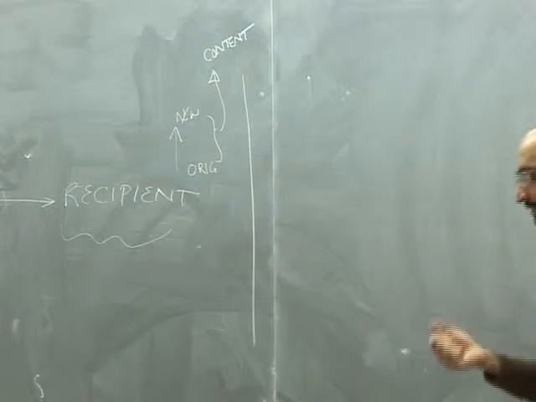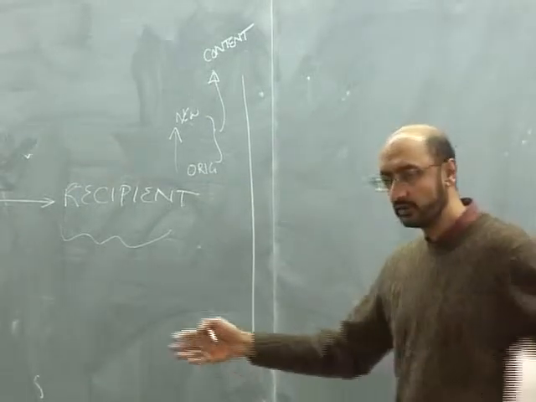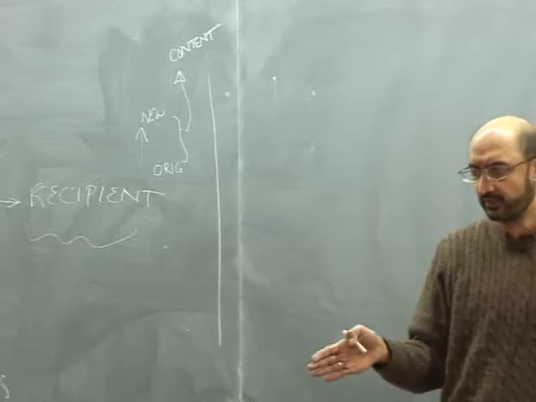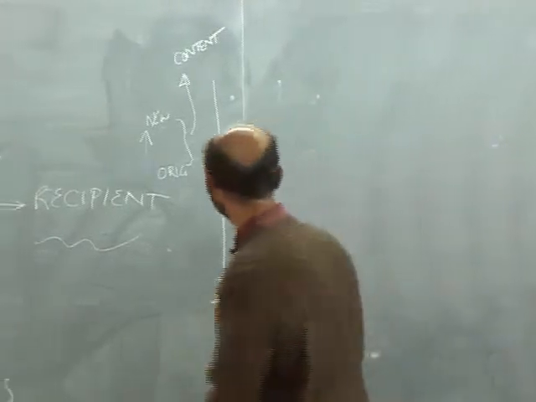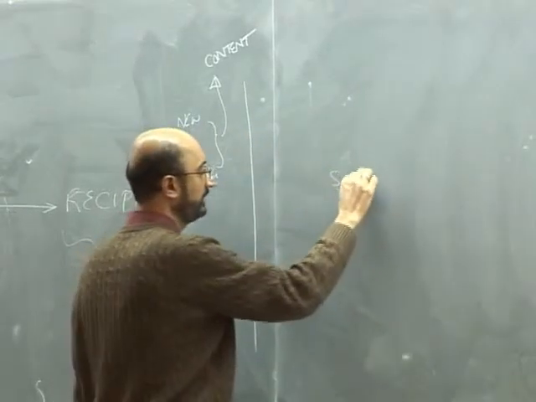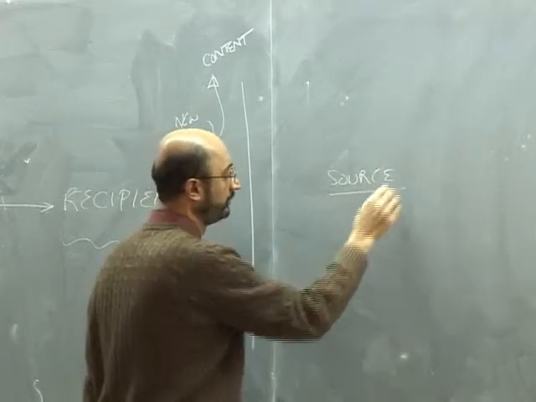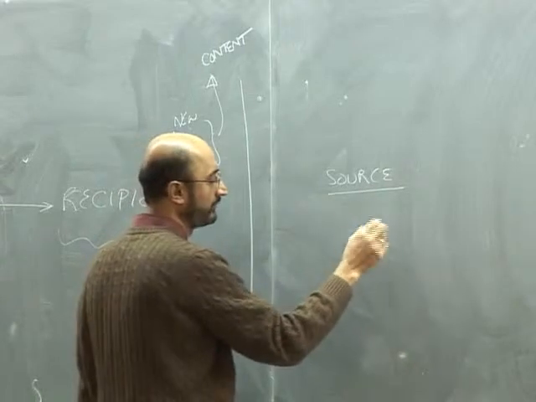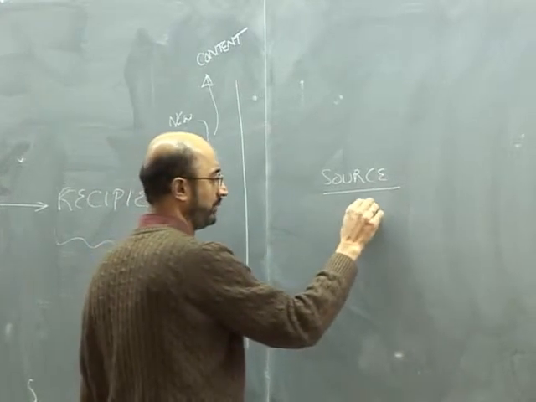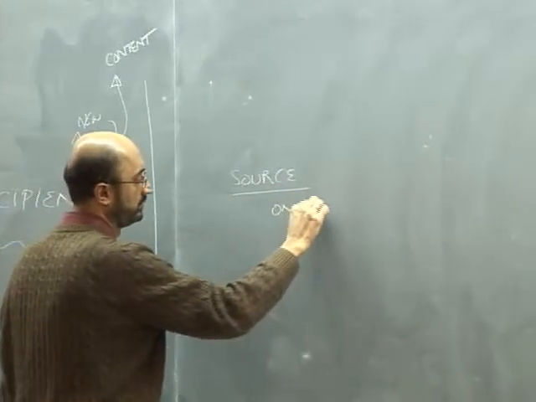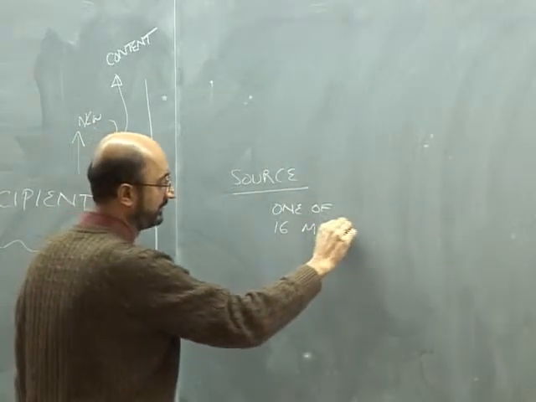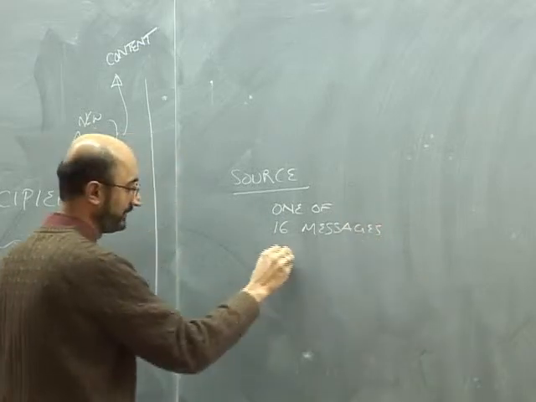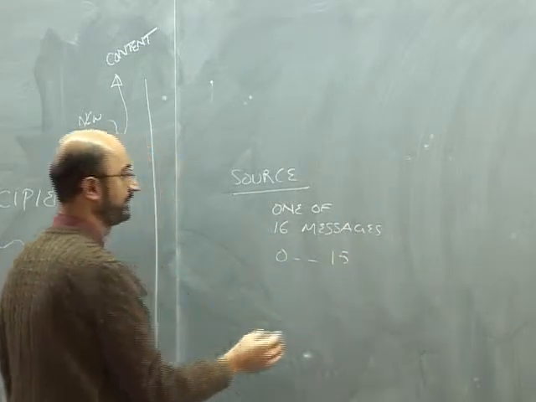Okay, and so again, we're going to restrict our ideas further and further, and take a very, very simple example. Let us say the source can send one of 16 messages, and we'll just number them 0 through 15.